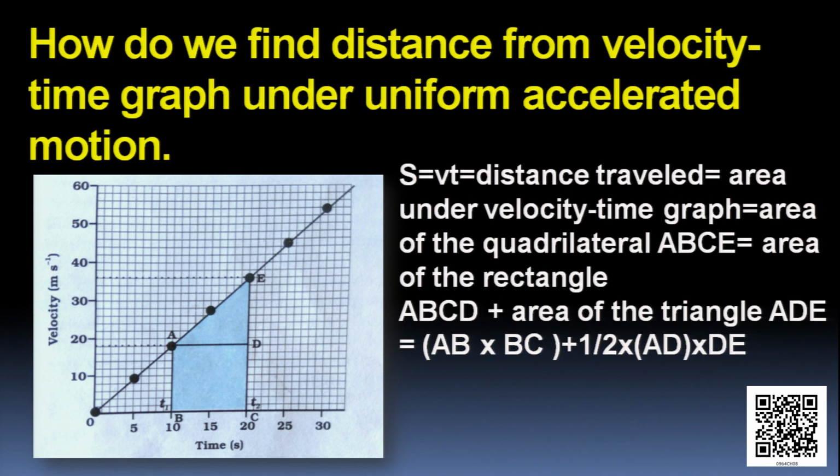Two perpendiculars AB and EC you have dropped on the time axis, and you find a quadrilateral. Can you tell me the name of that quadrilateral? Of course, ABCE is the quadrilateral.